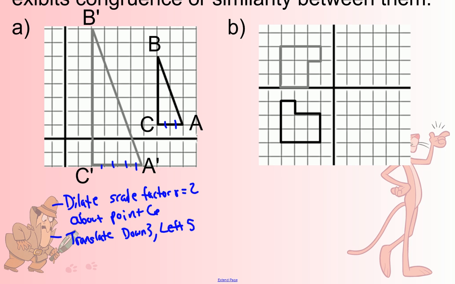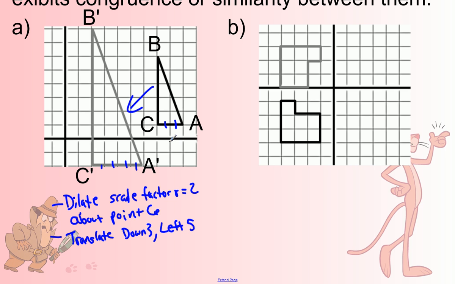The dilations should be easy to spot. Your image will either be much bigger or smaller than the original. The other ones are either going to be a rotation, a reflection, or a translation. So in letter A here, I recognize that this original image moved that way, so I say it's a translation.